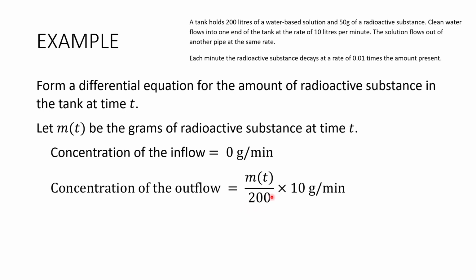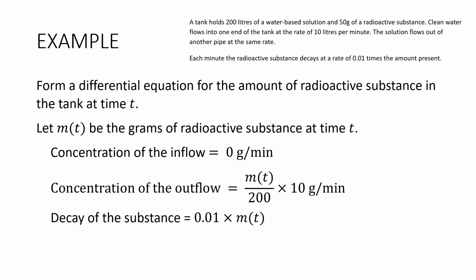Okay, here's the proportion of radioactive substance that's sitting in the 200 litres at any particular time. And 10 litres is flowing out per minute. So this is an expression for the concentration of radioactive substance that's flowing out in grams per minute. We also know that there's a decay of the substance and it's equal to 0.01 multiplied by however much substance is left.